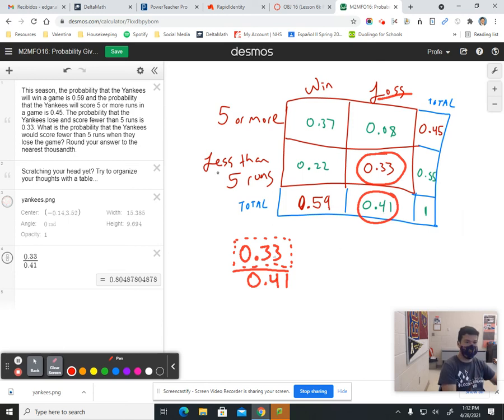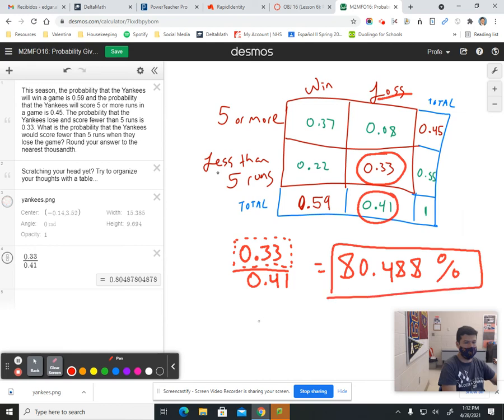So if I take 33% over 41%, I'm going to get 80.4, and if I go to the nearest thousandth, 80.488, and that's a percent.